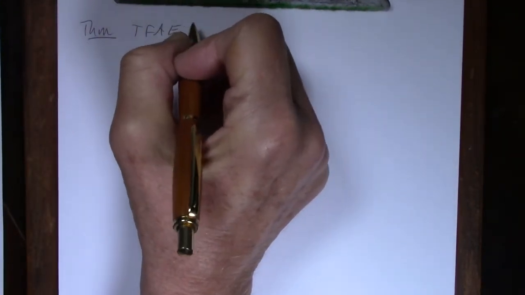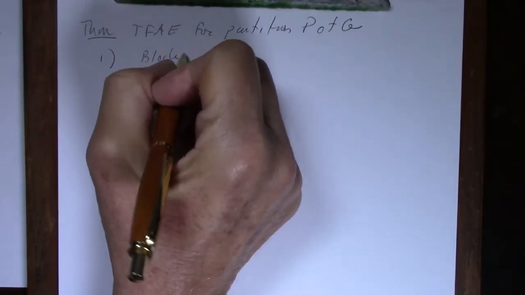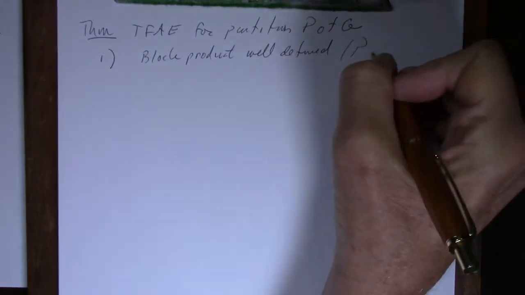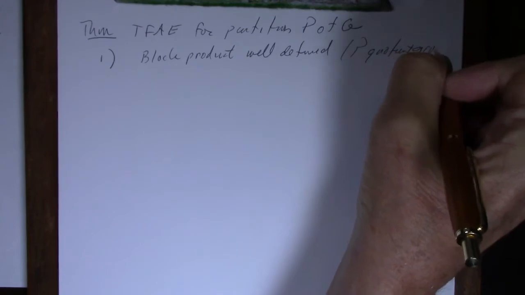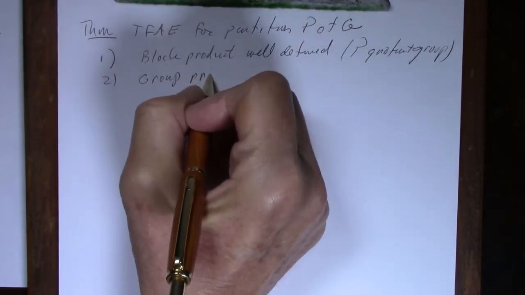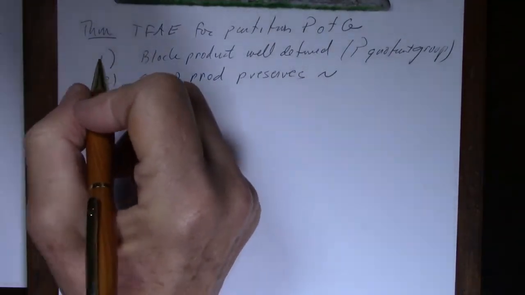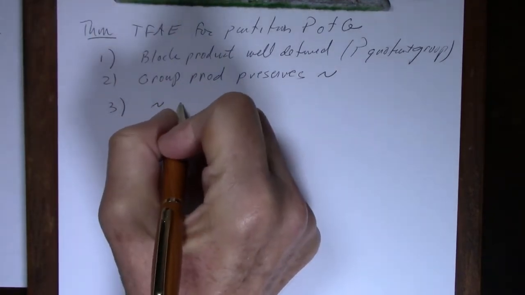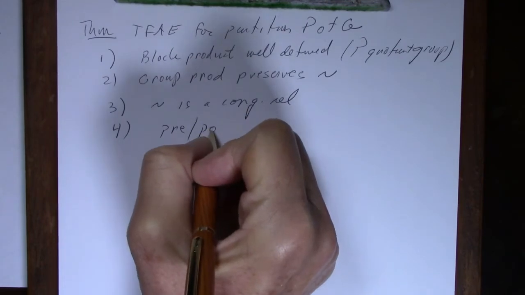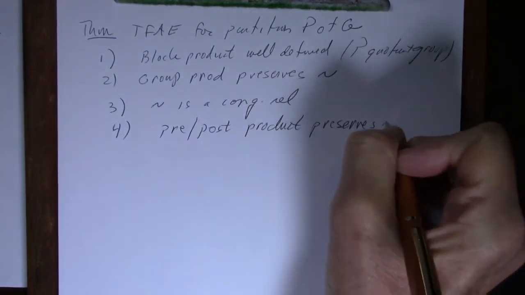The following are equivalent for a partition P of G. 1, the block product is well defined, and so P is a quotient group. 2, the group product preserves the same block equivalence relation. 3, the equivalence relation is a congruence relation. 4, pre and post product preserves the same block equivalence relation.